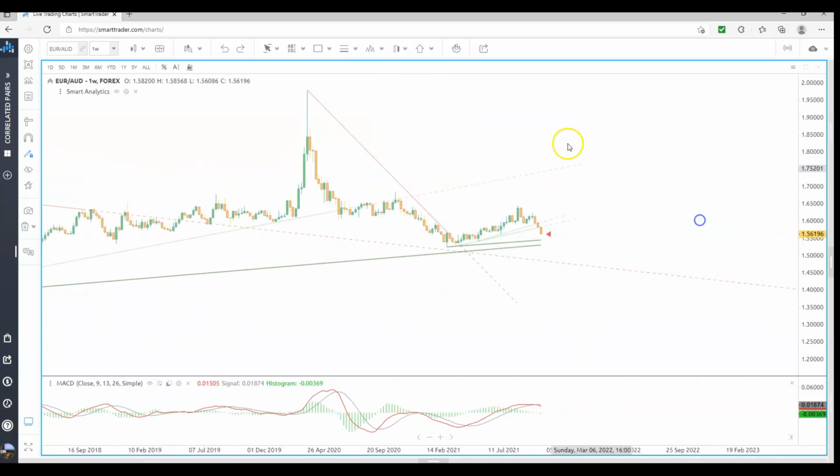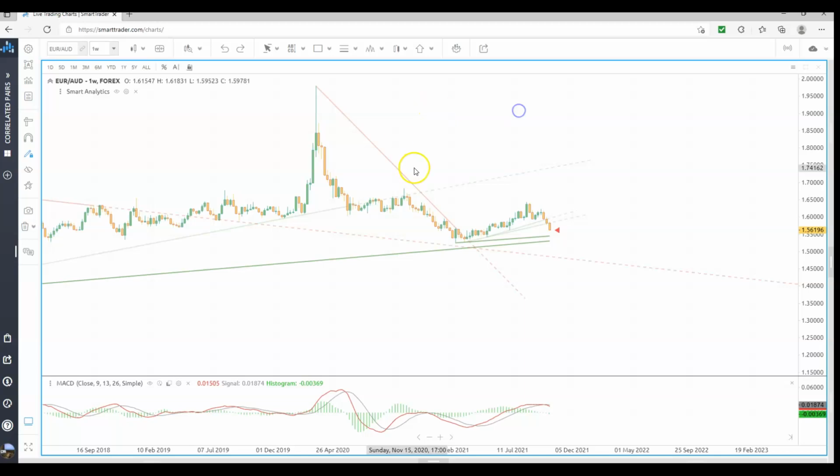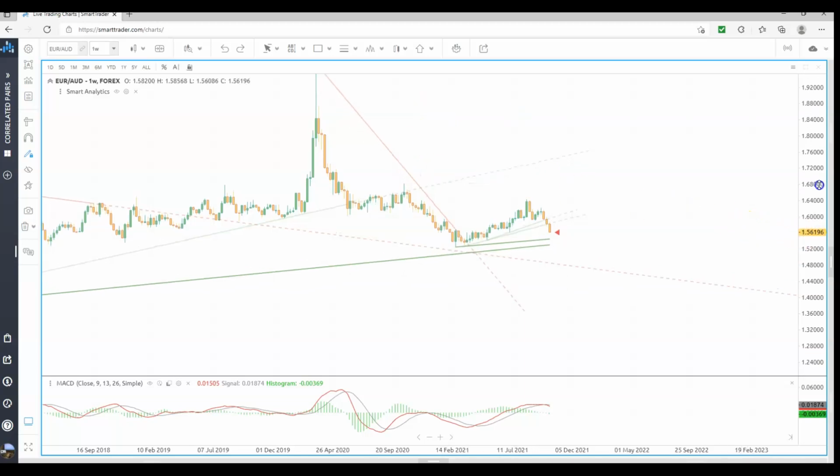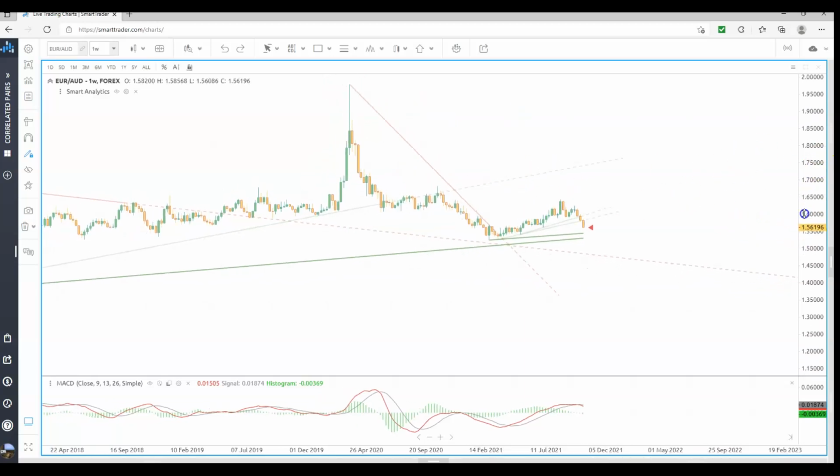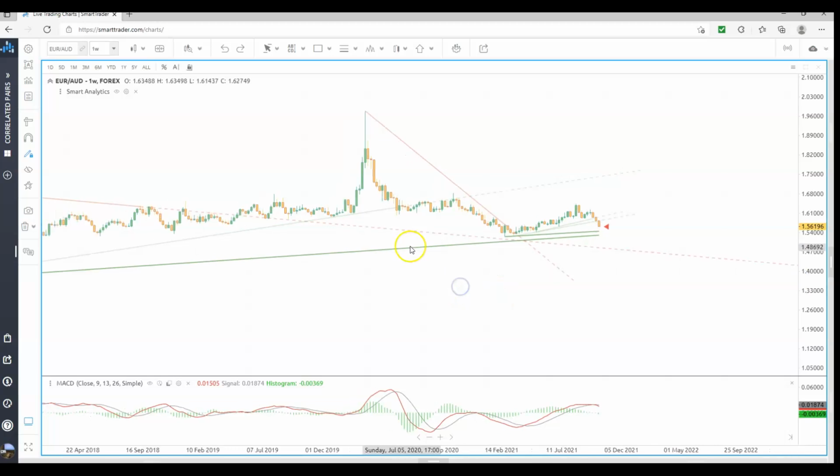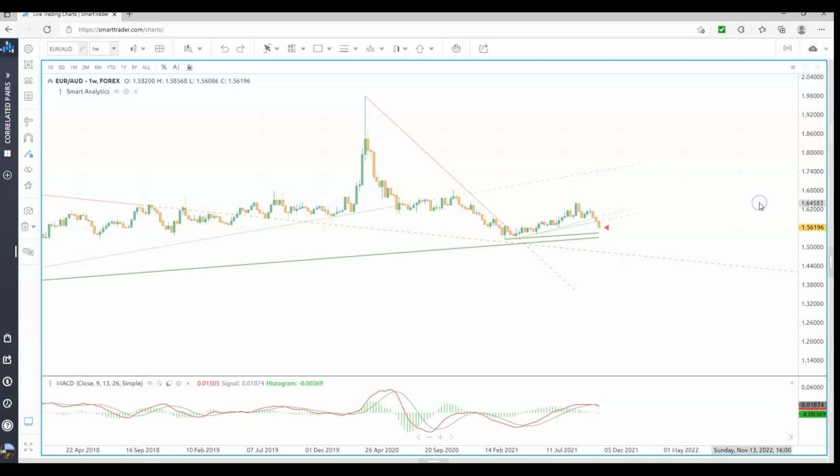As we're looking at this chart, notice the trend line break on the weekly. So that was a buy signal, and that went all the way up 903 pips. So these trend lines on a Smarttrader platform, extremely valuable, very powerful, and as long as you can stay in these trades, you can make a substantial amount of money.